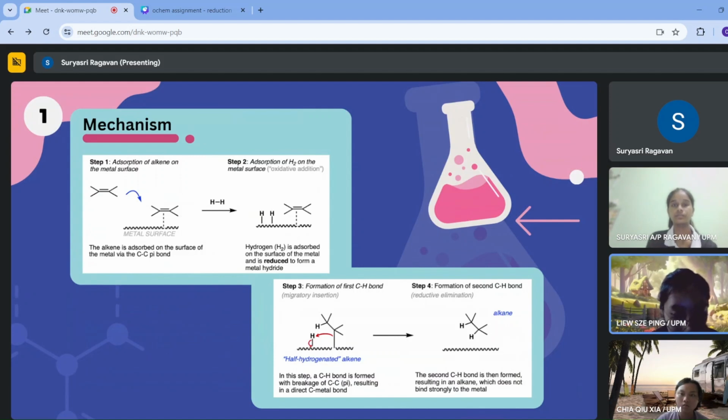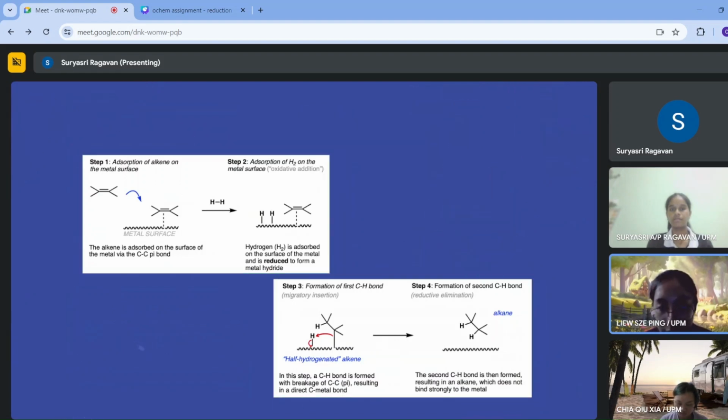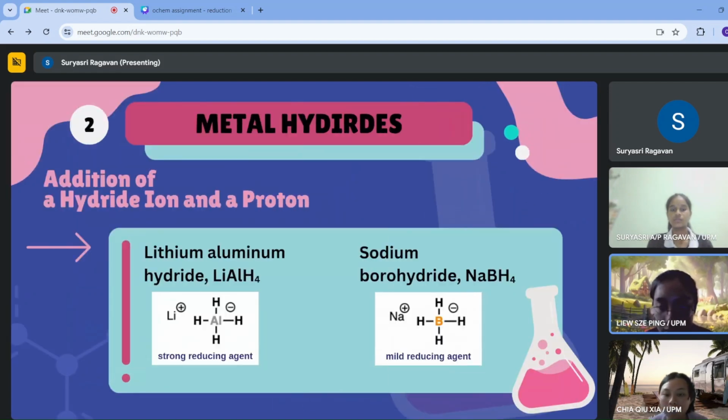In this step, the CH bond is formed with the breakage of the CC pi bond, resulting in a direct C-metal bond. And the last step is the formation of the second CH bond. The CH bond is formed resulting in an alkane, which does not bind strongly to the metal. Now I proceed to the next presenter.